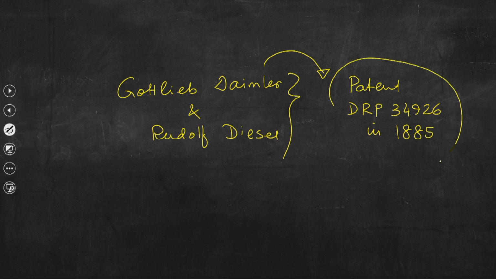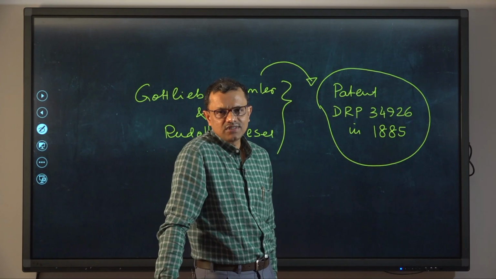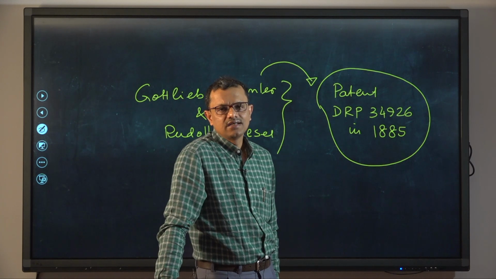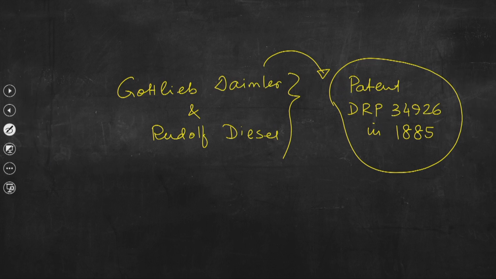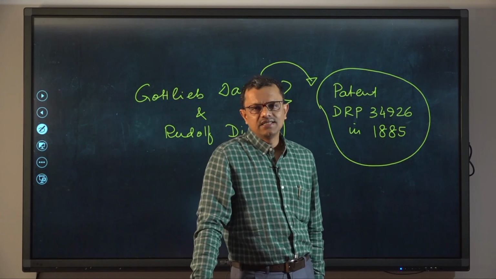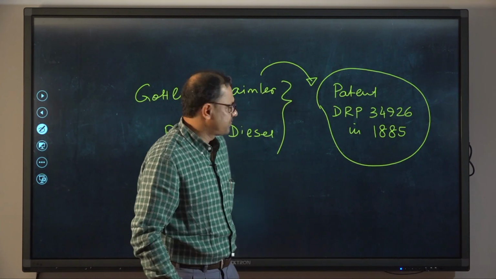So, you can see that the concept of supercharging high speed gasoline engines started long back. This is not really a new invention. And we have also seen that supercharging high speed gasoline engine is as old as the engine itself.